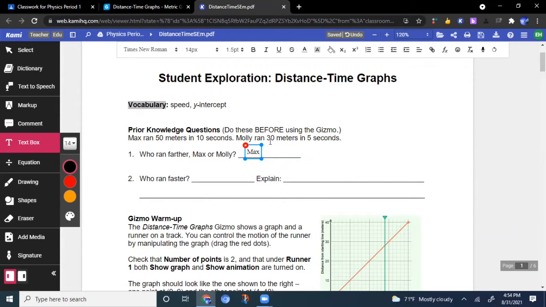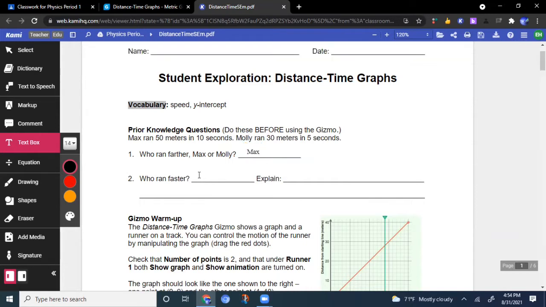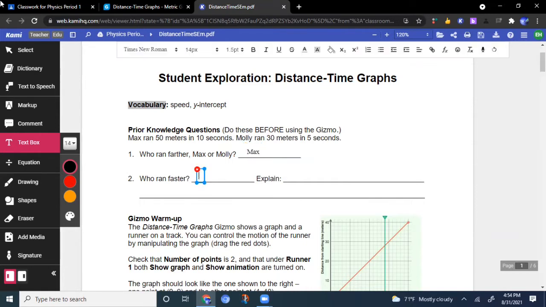One way we can look at it is take 50 meters in 10 seconds, and if we divide those, we get 5 meters per second. And if we take 30 meters in 5 seconds and we divide those, we get 6 meters per second. That means Molly ran faster.